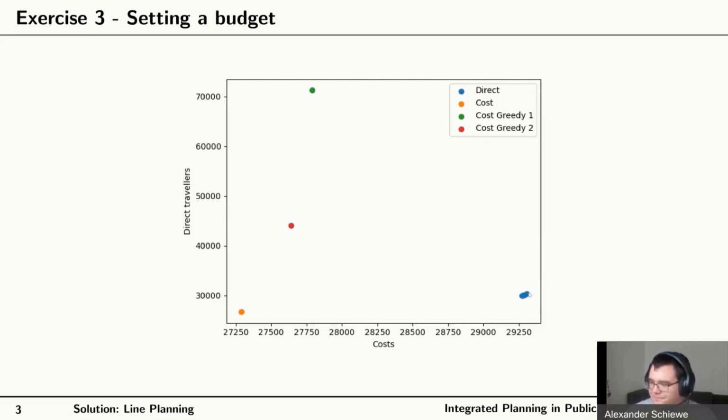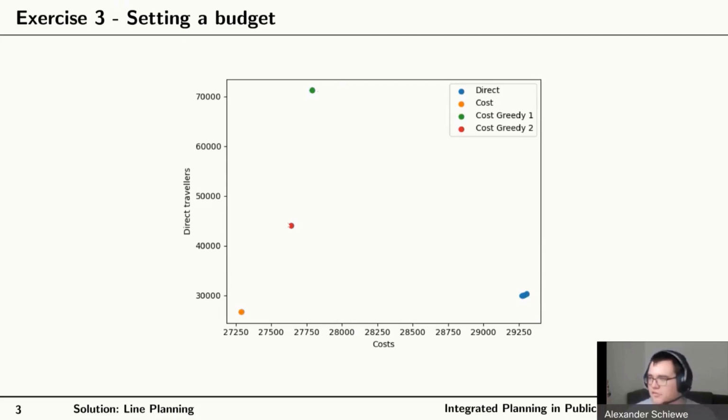Setting a budget, or just computing direct travelers, more or less will approximate this curve here, right? Increasing the costs, or increasing the budget, will allow me to support more direct travelers. And you can a little bit see what happens here. This is the nice thing when you don't have to be feasible.